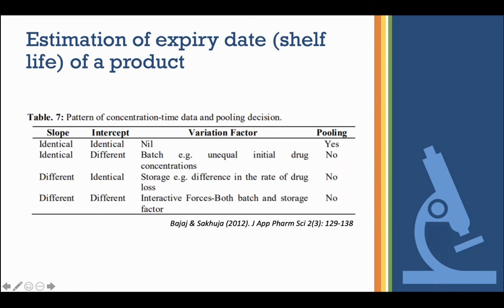If the slopes between the two drugs are identical and the intercepts are different, the variation factor that influences the product is the batch itself.